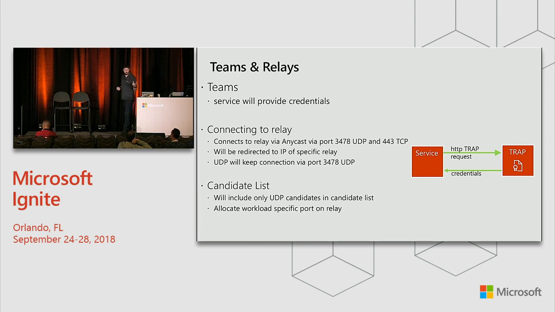The candidate list will only have the UDP candidates in it, and we know that if there's a UDP candidate, there's a corresponding TCP. We're smart. We don't need to say so: if we can go to 3479 on this specific IP address on UDP, we know we can also use TCP. Every workload has its own specific port on the relay from 3478 up to 3481.